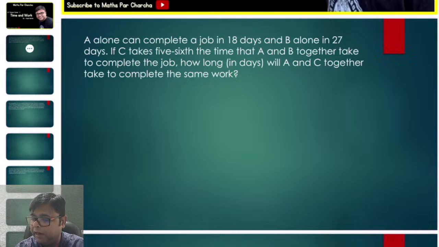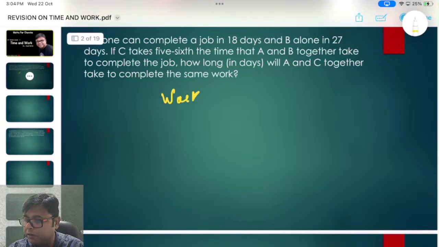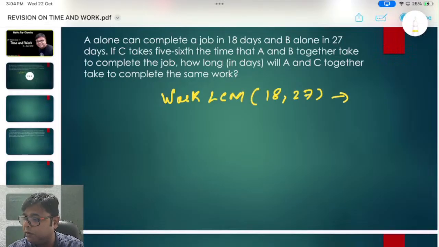So they say that A alone can complete a job in 18 days and B can do it in 27 days. Now you must have done, you would have used the same LCM method. So the amount of work we can assume to be the LCM of 18 and 27, which is 54.